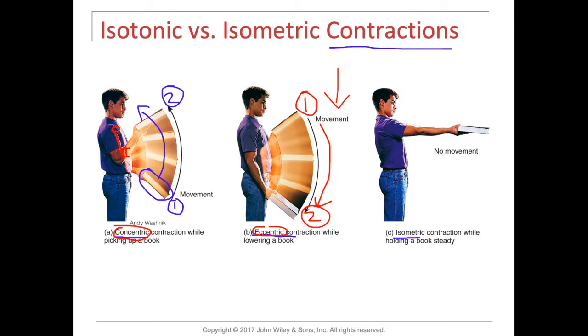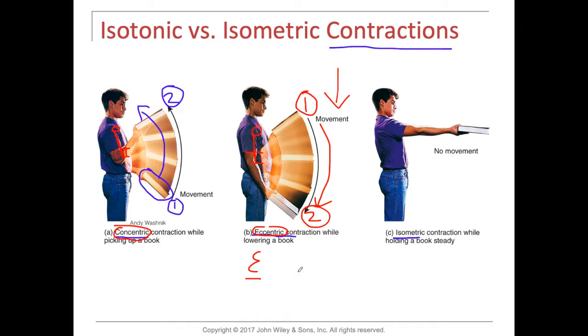What's happening is that the origin and the insertion of the biceps in this particular picture, same muscle, are moving further apart. When the origin and insertion are moving further apart, that's eccentric. So the key in the word eccentric is E for elongate, because the muscle is elongating.